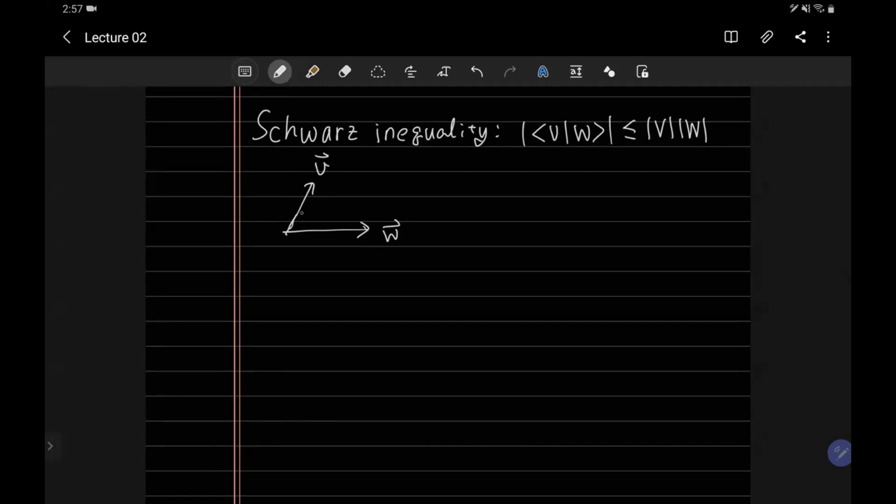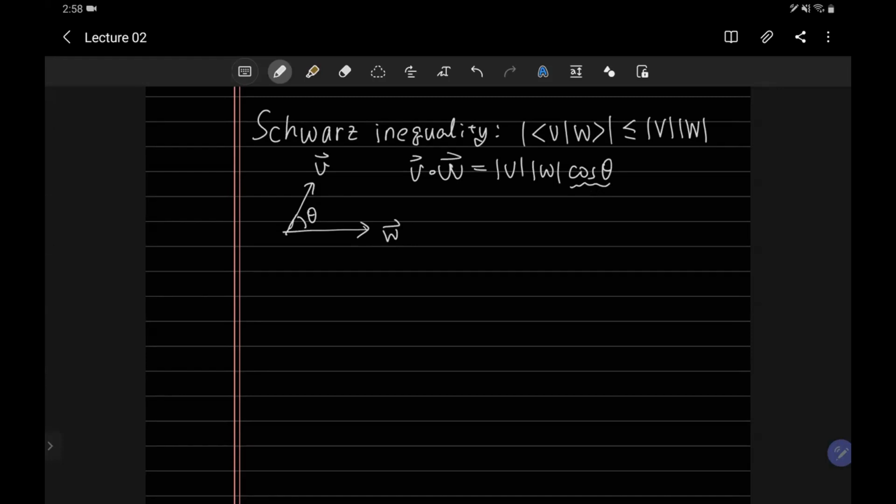Then we know that the inner product between these two vectors will have a component of the angle between them. So the inner product will become the absolute value of each of the vectors times cosine theta.